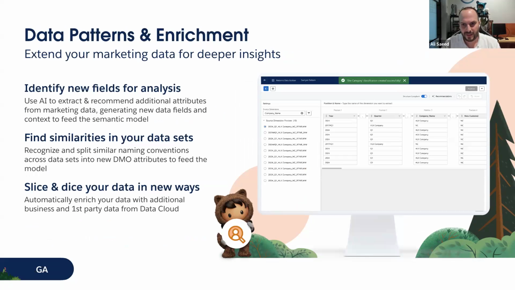Data patterns and enrichment, again, just to recap. Enrichment allows you to extend your data by normalizing it, extending it, or grouping it. And with data patterns, you can split the data and define which position you want to extract it to, a particular dimension, apologies.